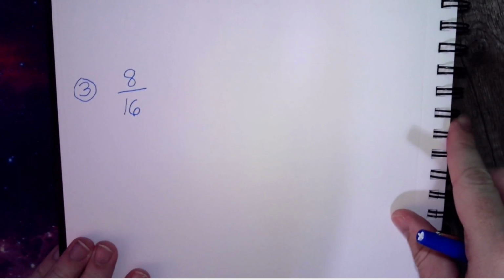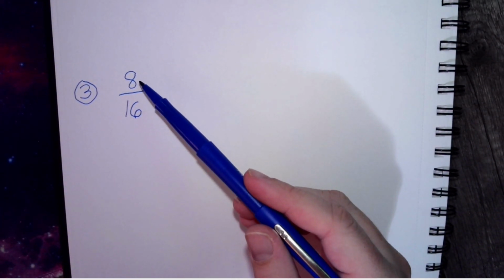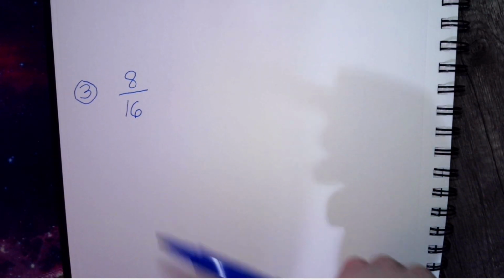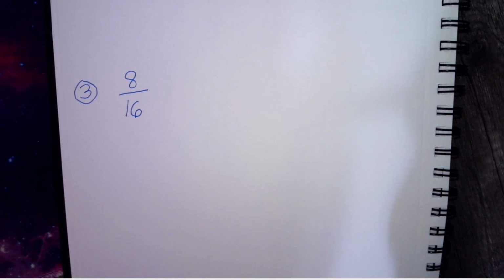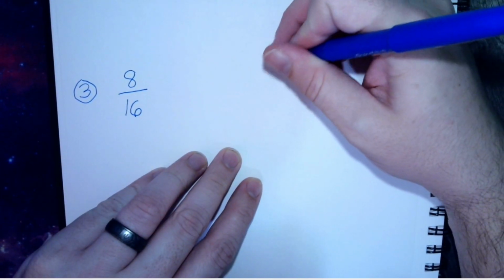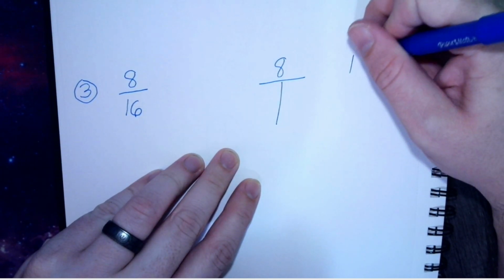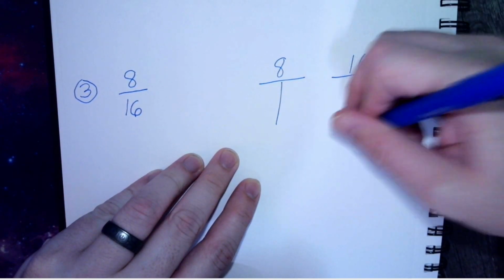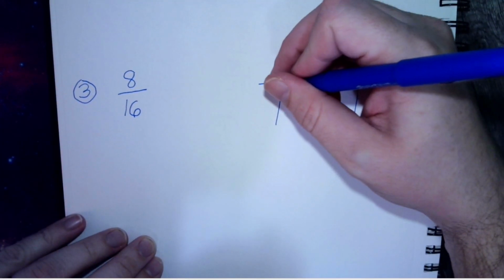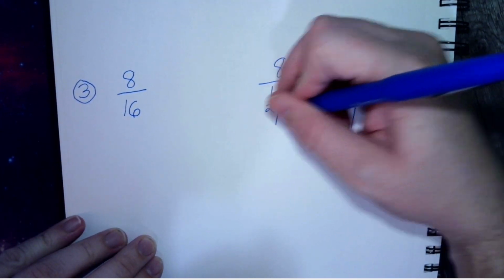Again, we must find the greatest common factor of our numerator, which is 8, and our denominator, which is 16. So we already factored 8 a moment ago. We can show that again. The factors of 8 were 1 times 8, 2 times 4.